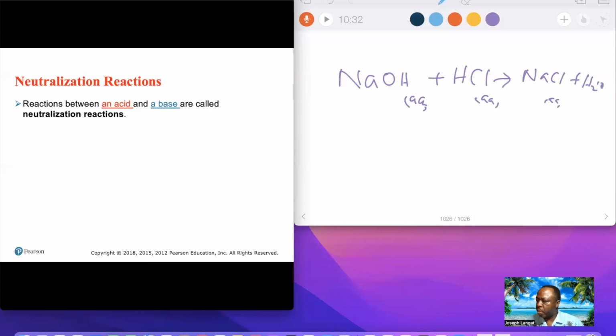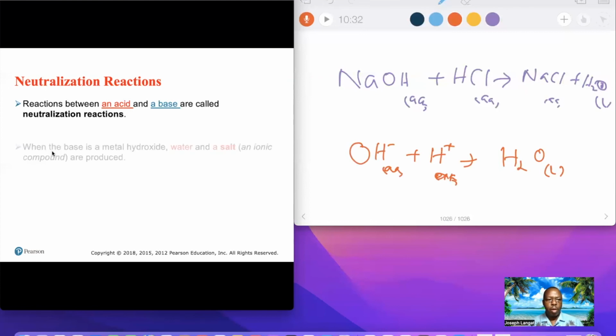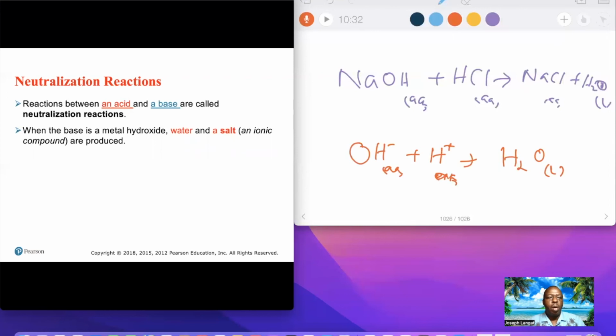This is an example of a neutralization reaction, because a hydroxide ion reacts with hydrogen ion to form liquid H2O. When we write, of course, the net ionic equation, or even in this section, you'll write the net ionic equation.